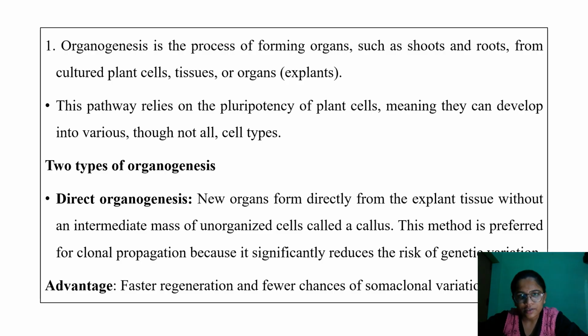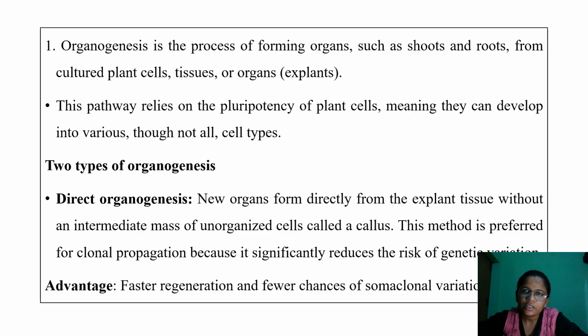Organogenesis, as I already said, is the formation of different organs. Mainly, organogenesis can be divided into two types: direct and indirect. In direct organogenesis, the organs form directly from the explant, without callus formation, producing root or shoot.